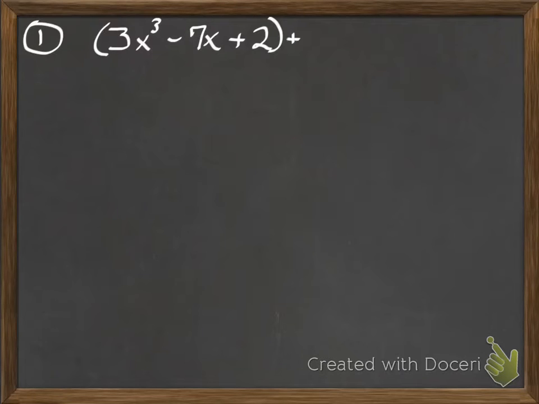So, first question, we have 3x cubed minus 7x plus 2 plus 10x to the fourth minus 7x cubed plus 2x squared minus 7.